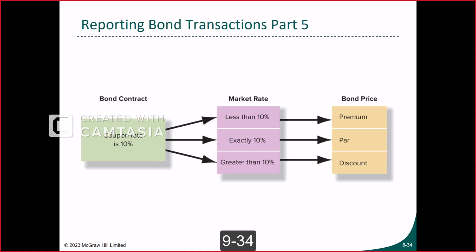So if the bonds are issued at a coupon rate of 10%, and if the market rate is less than 10%, this will give rise to a premium. It means the bond's price will be higher than the principal in this case.